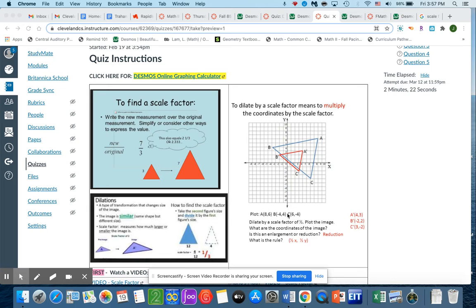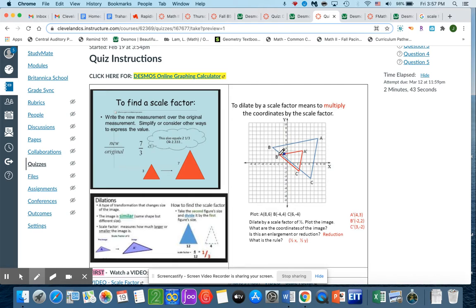So we're talking about scale factor here. If I needed to find the scale factor, I would take the new image and divide it by the old image.